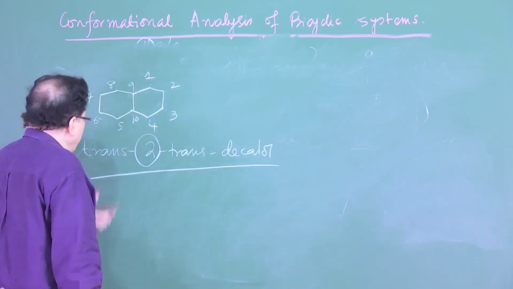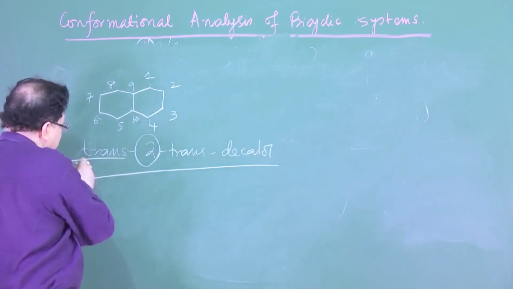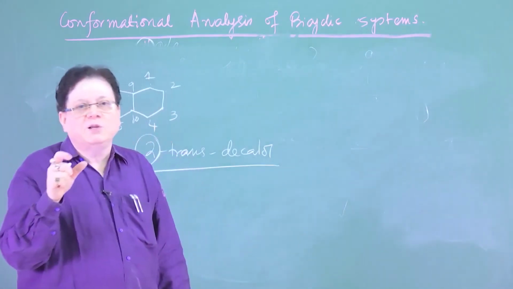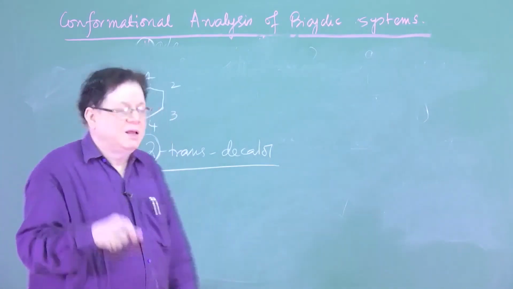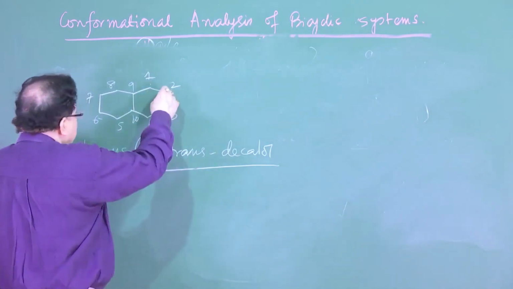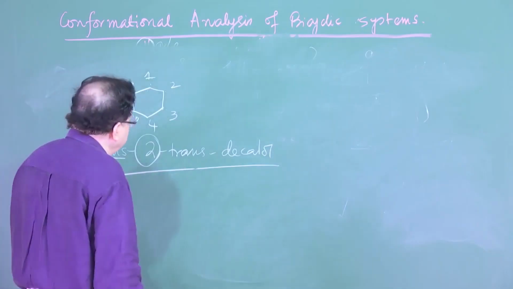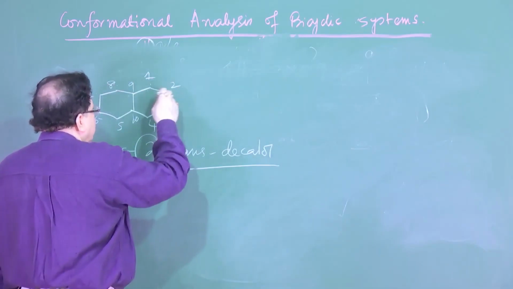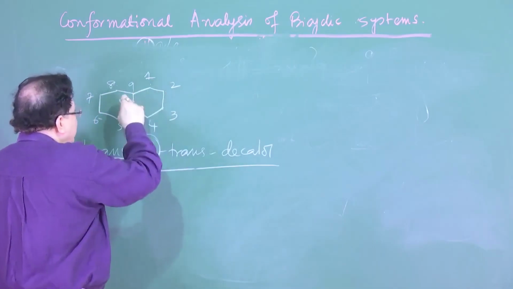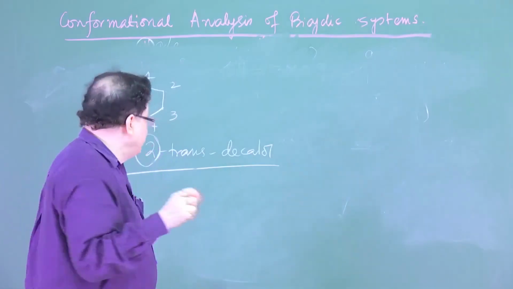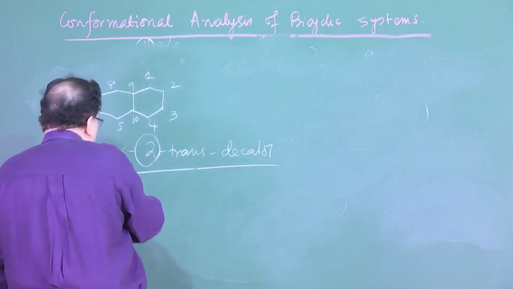The first word says what Decalin you are talking about; it is a trans Decalin. The second one says what the relationship is of this wedge at the 2 position with the nearest ring fusion hydrogen, remember nearest ring fusion hydrogen, because it is a trans.